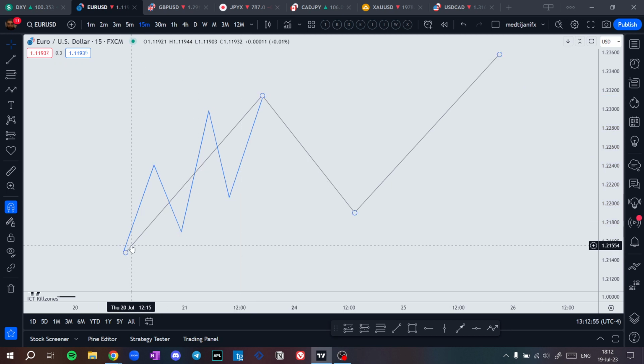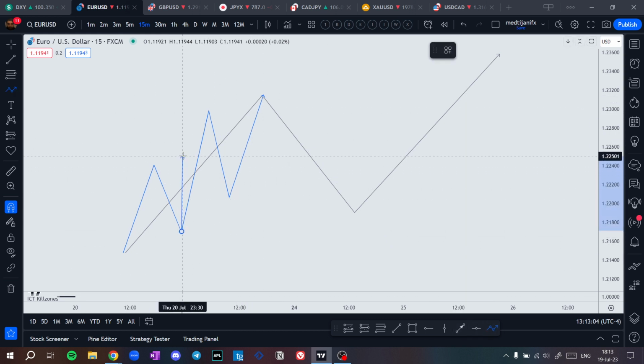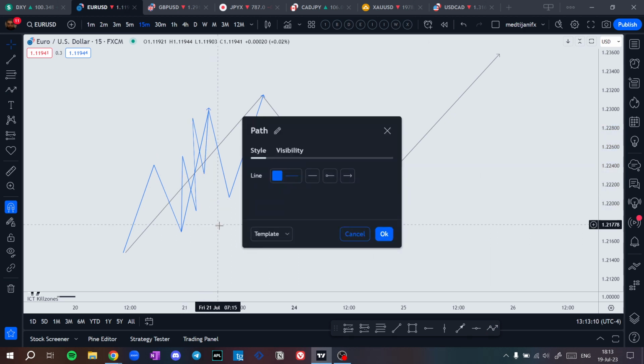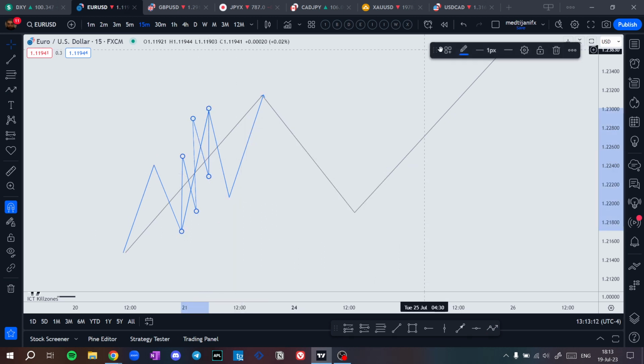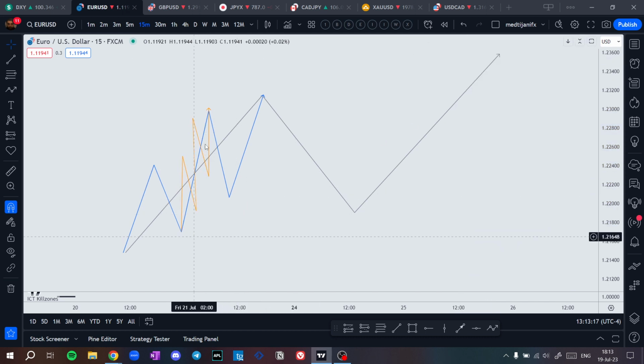Let's assume the black one is the daily, and the blue one is the 4-hour. And inside this blue one, we could have something like this on lower time frame. Maybe this is the 1-hour time frame, or this is the 15-minute time frame, right?